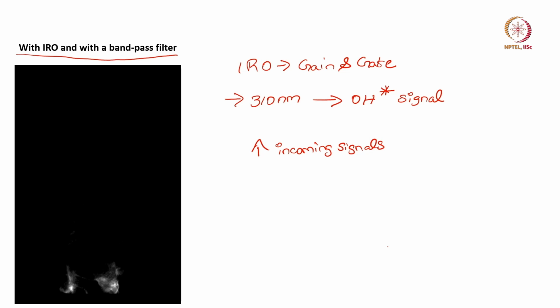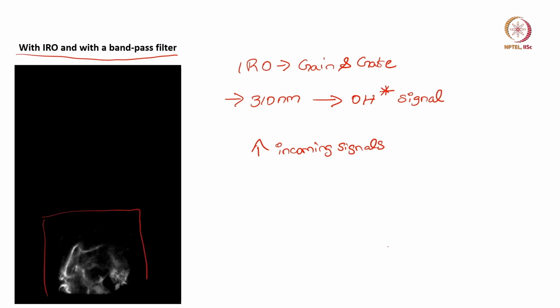As a result, we can now clearly see the images, including the OH chemiluminescence signals from the flame. The UV signals, which were previously undetectable due to their low intensity, are now effectively captured because of the signal intensification provided by the IRO.